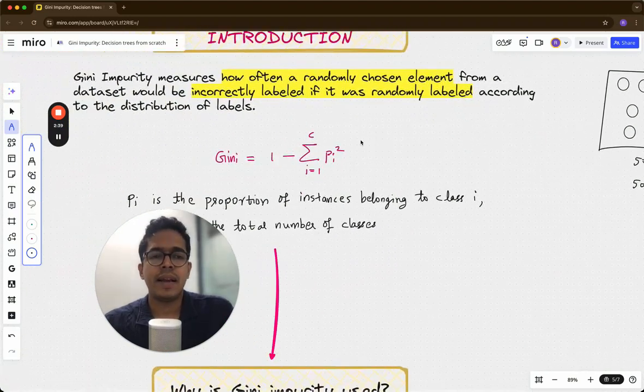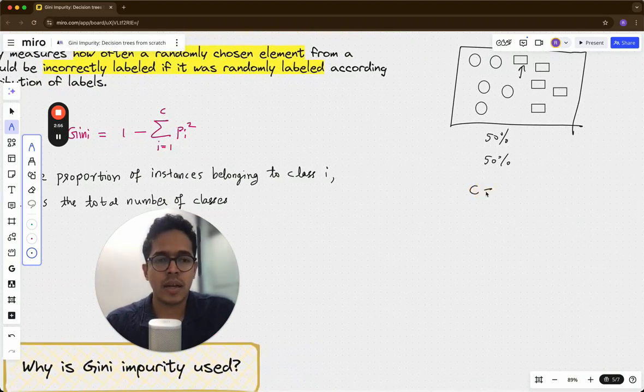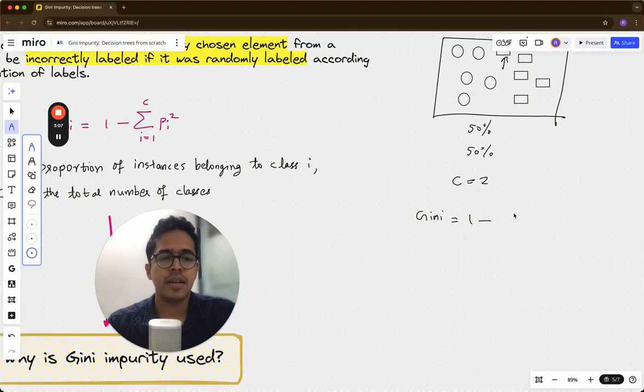And that can be understood by the Gini impurity formula also. The Gini impurity formula is 1 minus sigma i equal to 1 to C of p_i squared. Here p_i is the probability of an individual class and C is the total number of classes. In this example, how many classes are there? There are two classes, because one class is circles and the other class is rectangles. So the Gini impurity equals 1 minus 0.5 squared for the first class, minus 0.5 squared for the second class.